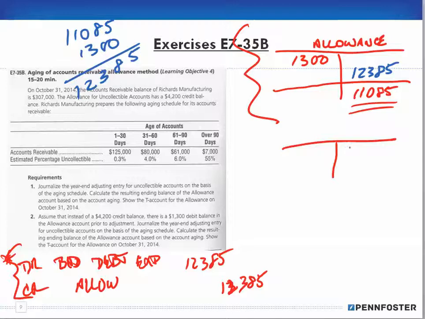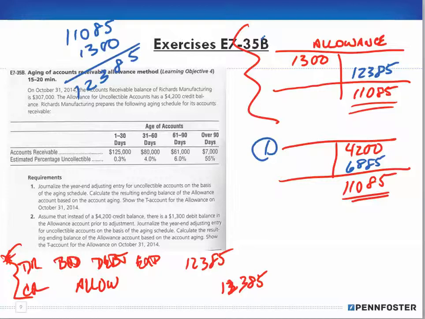In number 1 we had 4,200, and we ended up with 11,085, and we had a 6,885. This was number 1, and this was number 2.